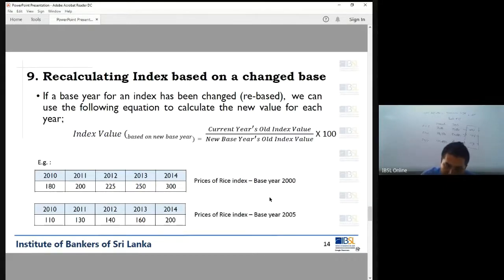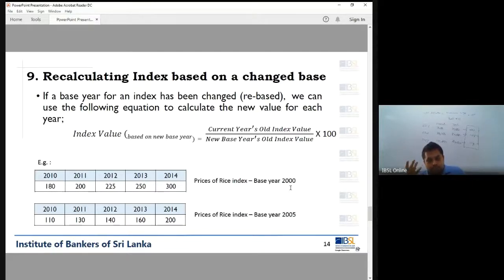Previously for year 2005, under the old base, you may have had a value, let's say 115. Now that 115 is going to be your new 100. I repeat, that 115 that you got under the previous base year 2000 is going to be your new 100.